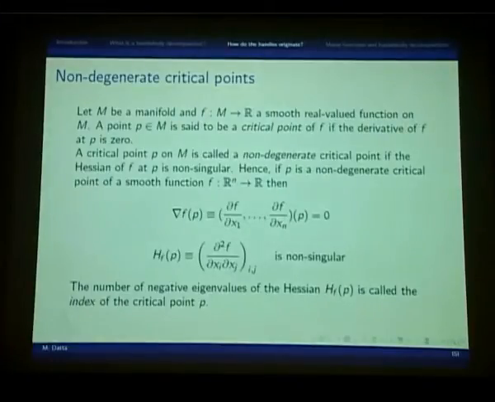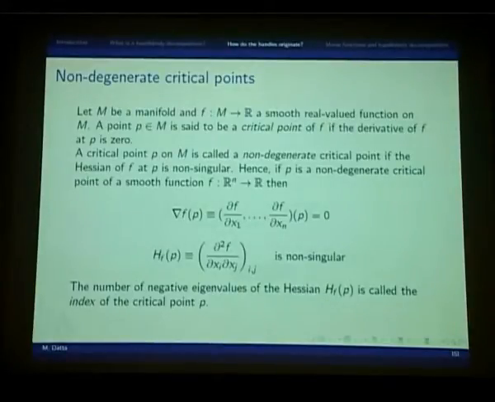A point P on M is said to be a critical point of f if the derivative of f at P is 0. Now, M being a manifold, the definition of manifold says that it is locally diffeomorphic to Euclidean spaces. So you can do all sorts of differential calculus on manifolds. As a result, you can define the derivative of a smooth map as well.